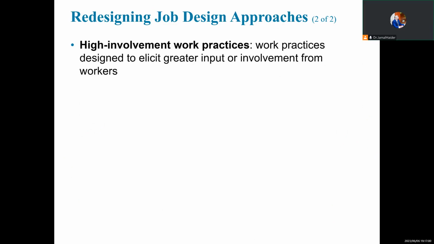And then the new concept coming is high involvement work practices. These are work practices designed to elicit greater input or involvement from workers, which means the level of employees' proactivity is believed to increase as employees become more involved in the decisions that affect their work.